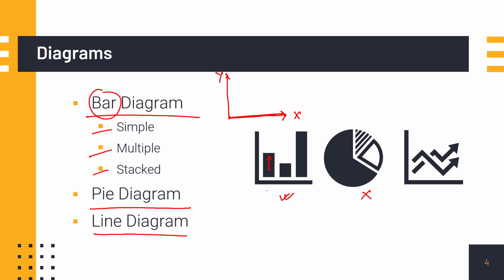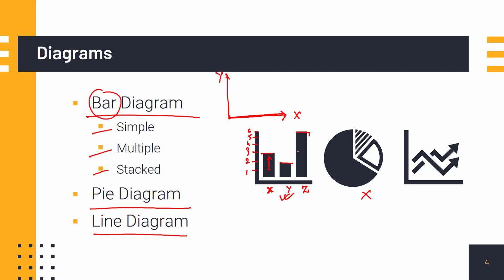So let's say this is x, this is y, this is z, and these values are 1, 2, 3, 4, 5. That means x has a frequency of 3, y has a frequency of 2, and z has a frequency of something greater than 5, or let's say 6, right?